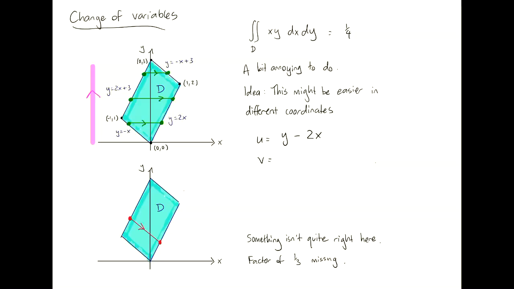And actually the sweep doesn't look too bad either. Because here I have y plus x is equal to 0. And here I have y plus x is equal to 3. So I can just sweep up this direction. And it looks like it should work.